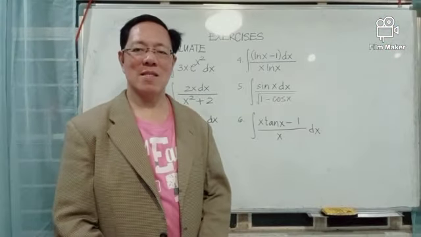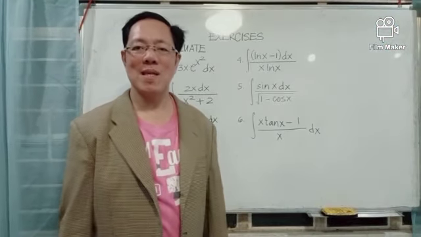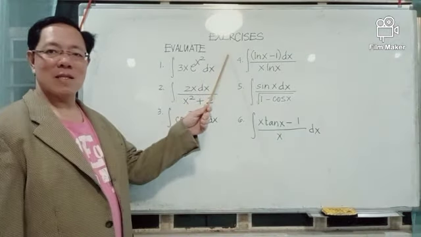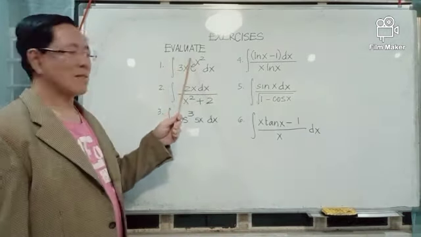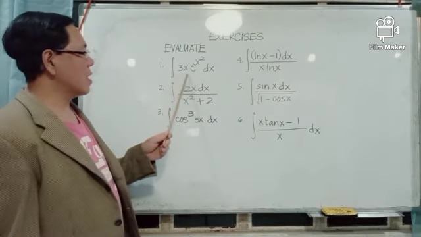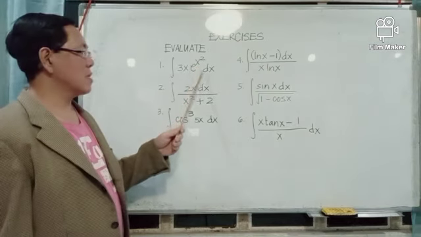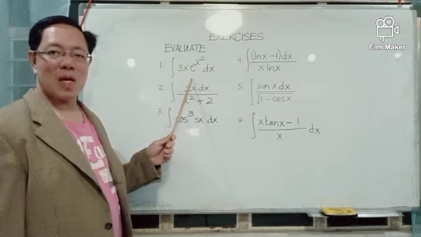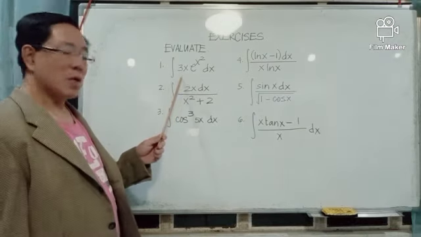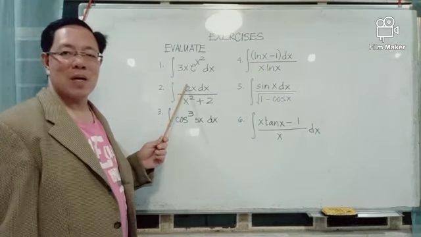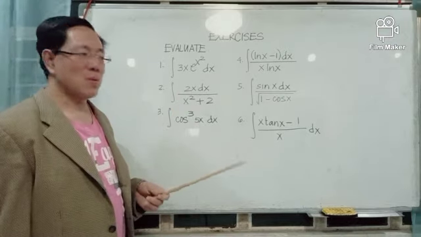For your practice, please try the following exercises. Evaluate the given integrals. Number 1, we have the integral of 3x e to the power x squared dx. In number 1, you will use algebraic substitution to transform this integral into one that can be integrated by using one of the integration rules.